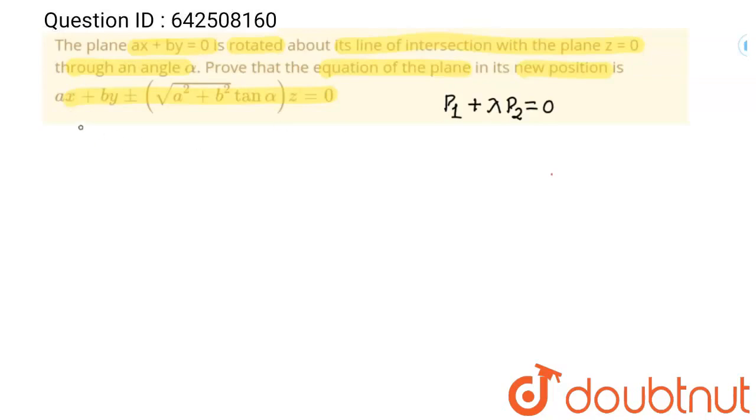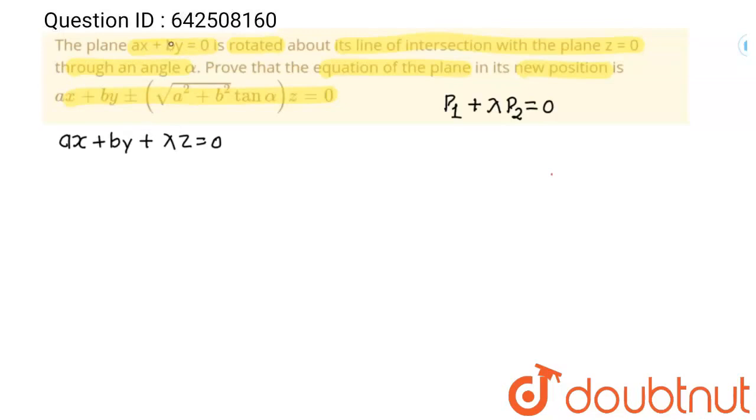From this concept, we can write ax plus by plus lambda z equals 0.